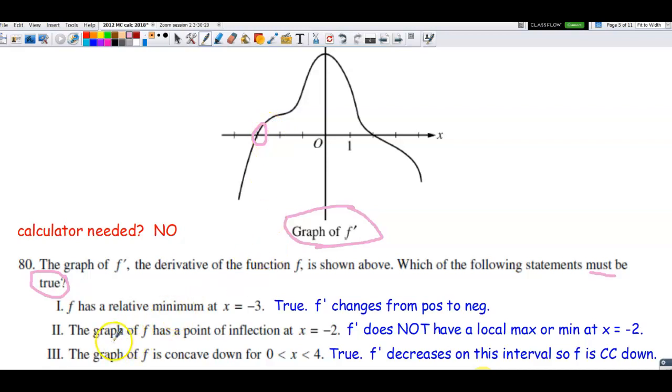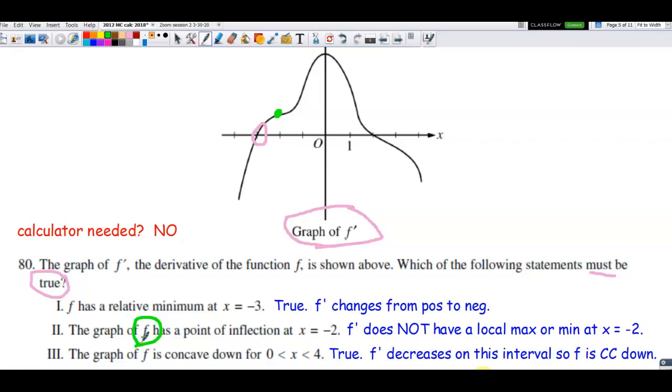Number 2, the graph of f has a point of inflection at x equal to -2. So at x equal to -2, we are right here. Now be careful, because it asks, does the original function f have a point of inflection?